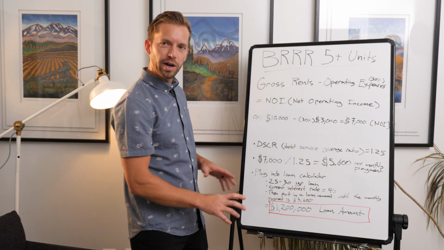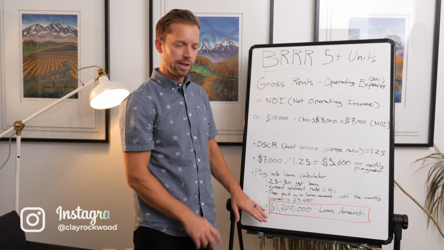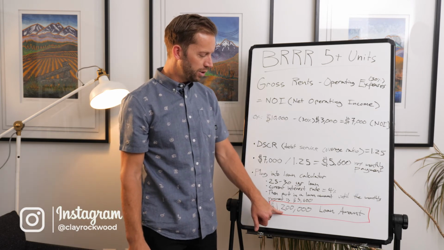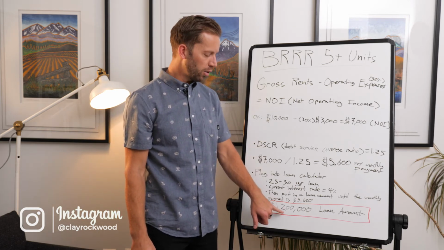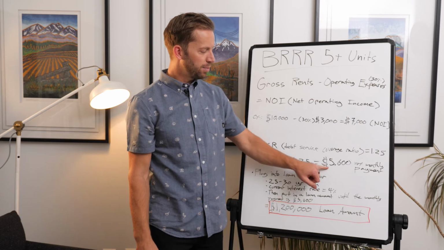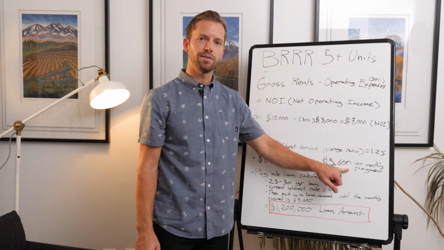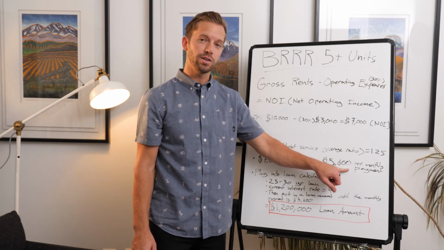So you just play around with this, putting different amounts in that loan calculator. Eventually, I put in $1.2 million. If I were to borrow $1.2 million, it spit me out a number pretty close to this $5,600.